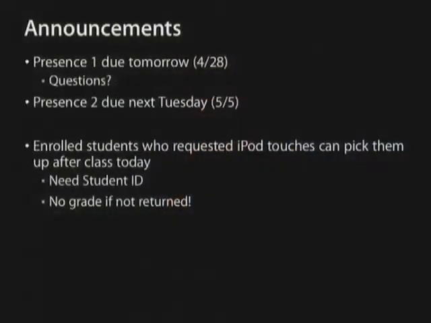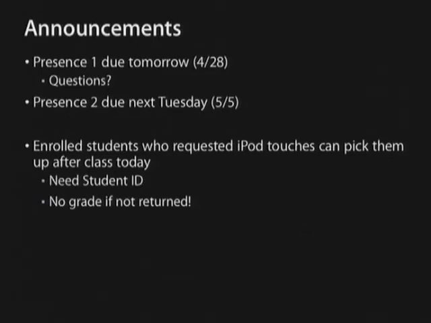First of all, the assignment for Presence 1 is due tomorrow at 11:59, so be sure to have it in. Any questions on Presence 1? There's one thing I want to cover first. A lot of people have asked: if you have 3 buttons, do you have to have 3 actions to handle each person?